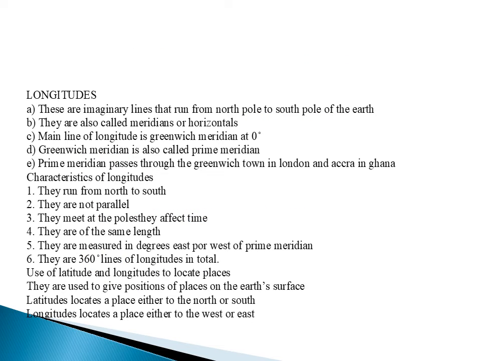Let's talk about longitudes. These are imaginary lines that run from the North Pole to the South Pole of the Earth. They are also called meridians. They run from top to bottom.